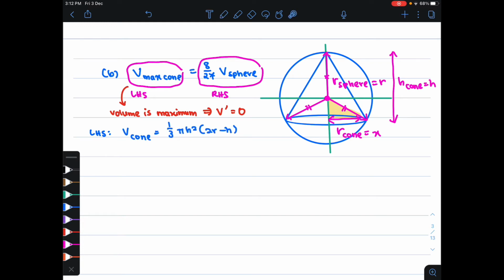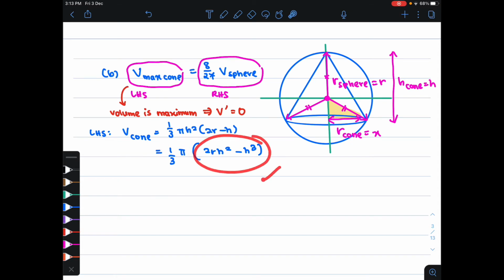So, kalau Miss expand H square ke dalam ni, kita akan dapat 1 over 3 pi (2RH square minus H cube). Okay, this one tak perlu expand sebab ini adalah constant. So, constant boleh je tak kat luar, tak ada masalah.